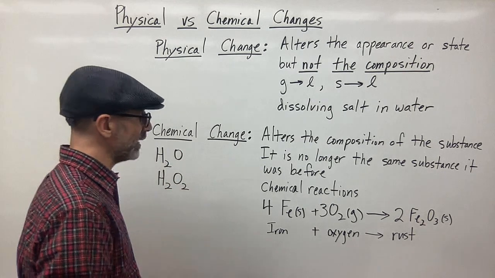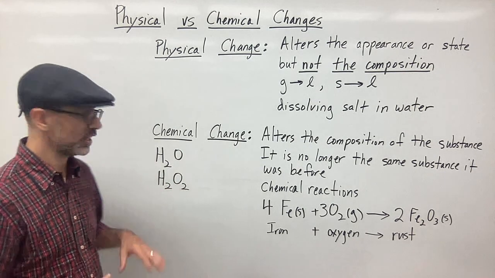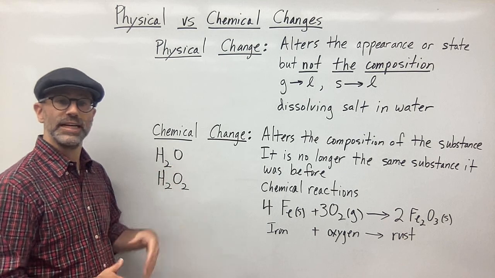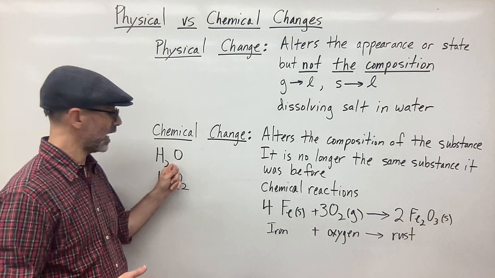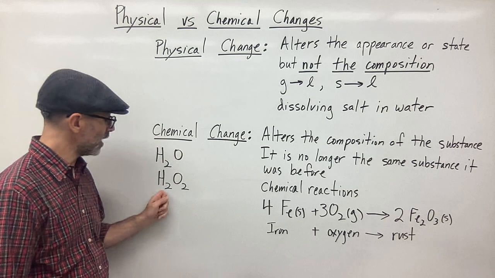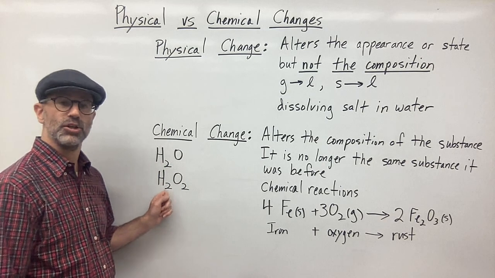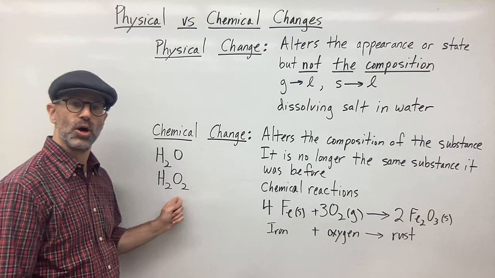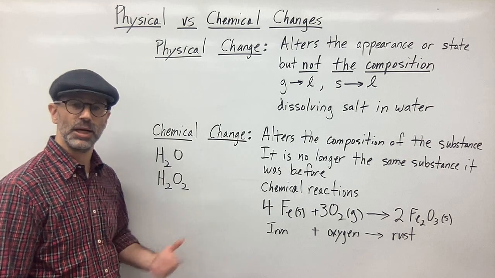What we mean by changing the composition is changing what it's made out of, right? So water is composed of two hydrogen atoms and one oxygen. Hydrogen peroxide is composed of two hydrogens and two oxygen atoms. So these are composed differently, therefore they are different substances.